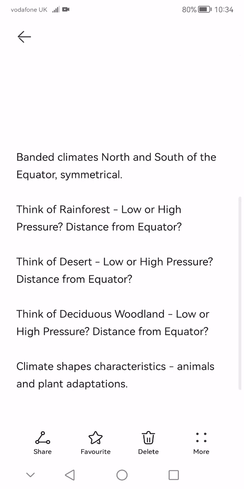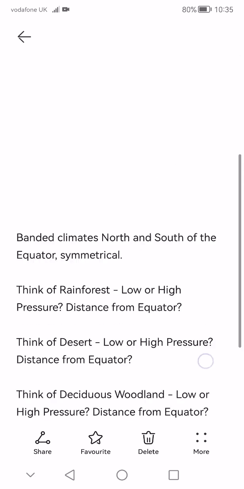Compare that to the desert. Think of the desert. Is that low or high pressure? Is that far from the equator? Well, in terms of far from the equator, it's also like the rainforest, not very far from the equator. But there's obviously a really big key difference between the rainforest and the desert. The desert being extremely dry.